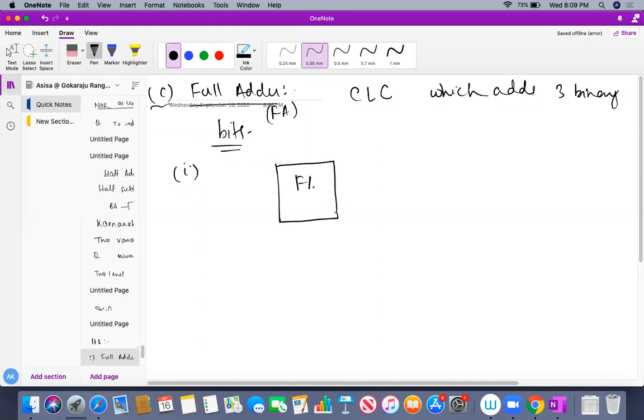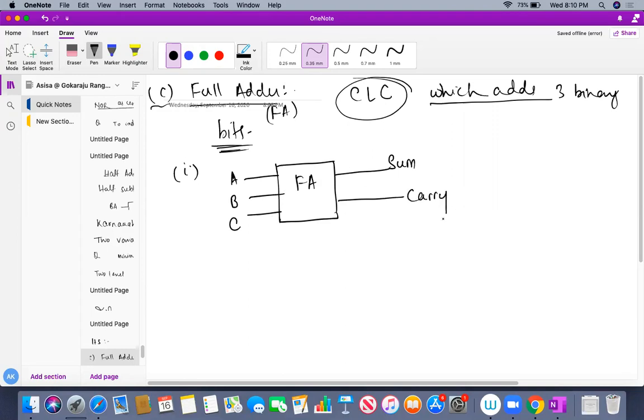In order to design a full adder, I just need 3 input bits. What are those 3 input bits? Because it adds 3 binary bits. Full adder is a combination logic circuit which adds 3 binary bits. So this is one binary bit which is A. This is second binary bit B. Third binary bit C. Okay, which adds and gives us finally a sum bit as an output and carry bit as another output.